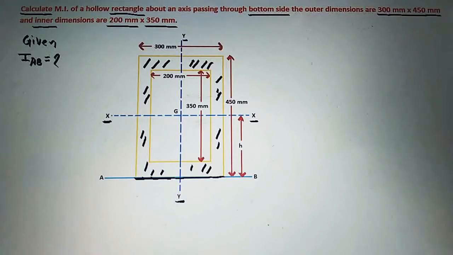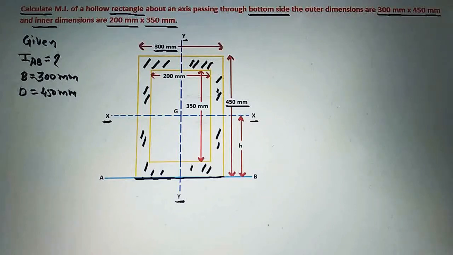Next, the outer dimensions of this hollow rectangle are given, that is 300 mm into 450 mm. See here, base is 300 mm, depth is 450 mm. These are outer dimensions. So we will write here capital B is equal to 300 mm and capital D is equal to 450 mm.